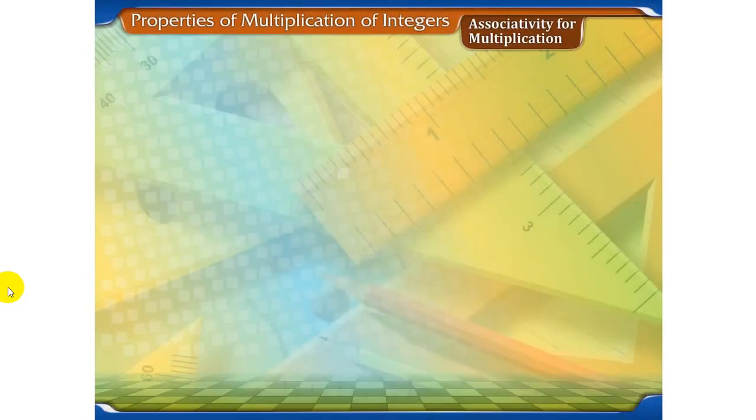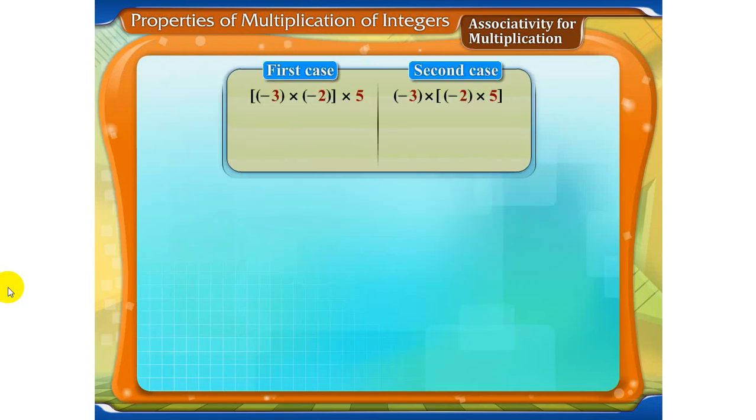Associativity for multiplication. Consider negative 3, negative 2 and 5. Now look at negative 3 multiplied by negative 2, into 5, and negative 3 multiplied by negative 2 multiplied by 5. In the first case, negative 3 and negative 2 are grouped together, and in the second, negative 2 and 5 are grouped together.